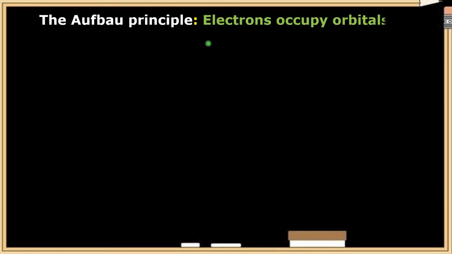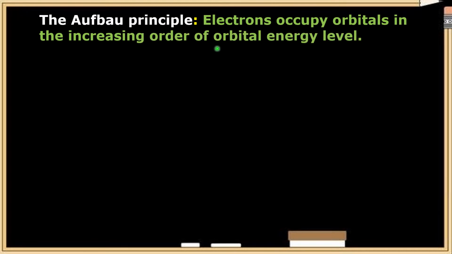It states that electrons occupy orbitals in the increasing order of orbital energy level. That is, the lower energy orbitals are occupied first, then higher energy orbitals. The energy of any orbital is calculated by its n plus l value. How the energy of the orbitals is calculated, we can see later.